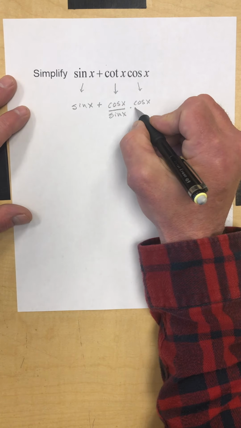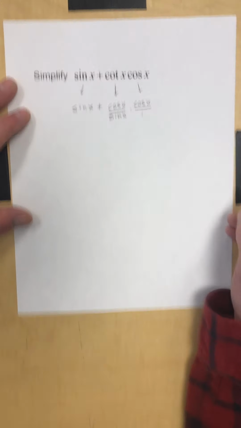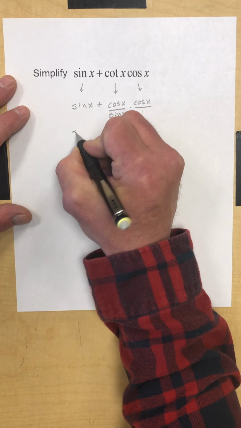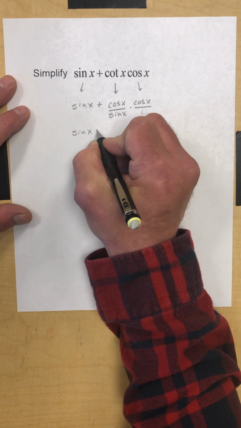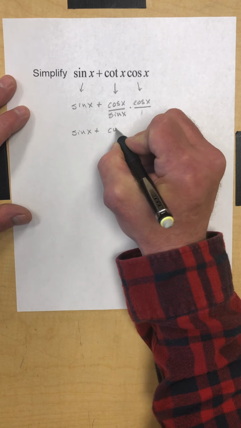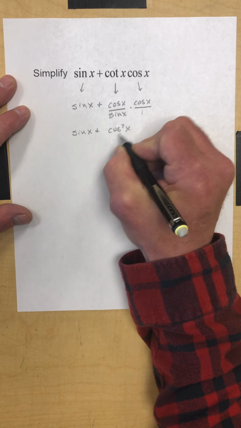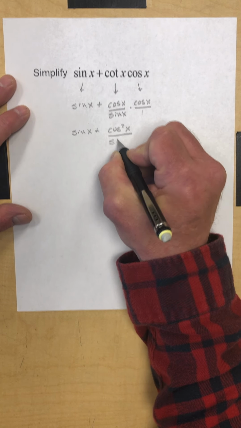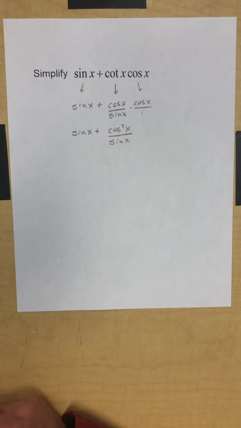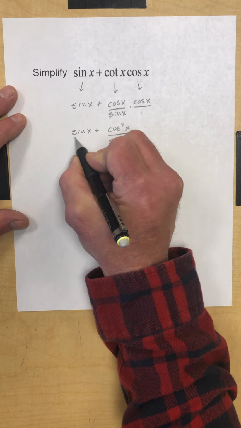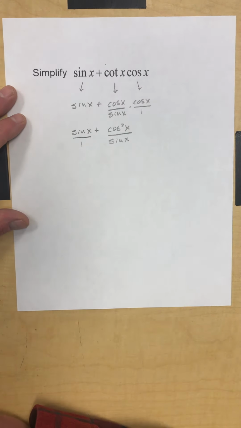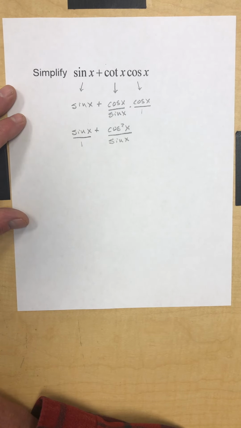So I'm thinking like this. What about that guy like that? So I would get the sine of x plus I'd have cosine squared of x all over sine of x. Well, this is like sine of x over 1. So just like the other two problems, why not find a common denominator?